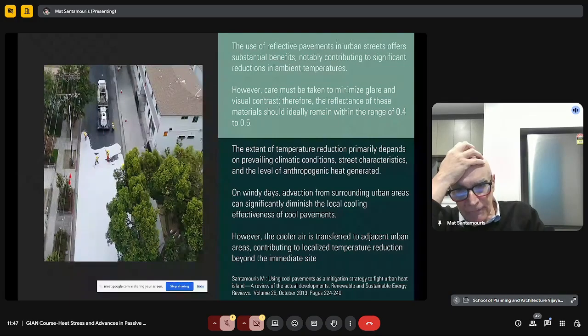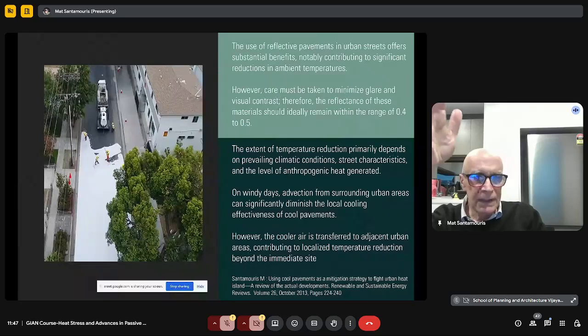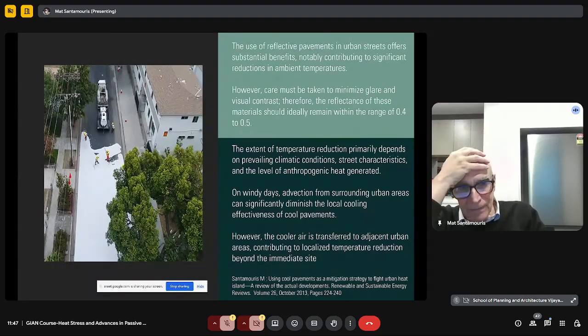So in this case, you don't have a problem of optical annoyance. Another important problem here is the advection of heat, because during a windy day, the air is coming to the street from the adjacent other streets.